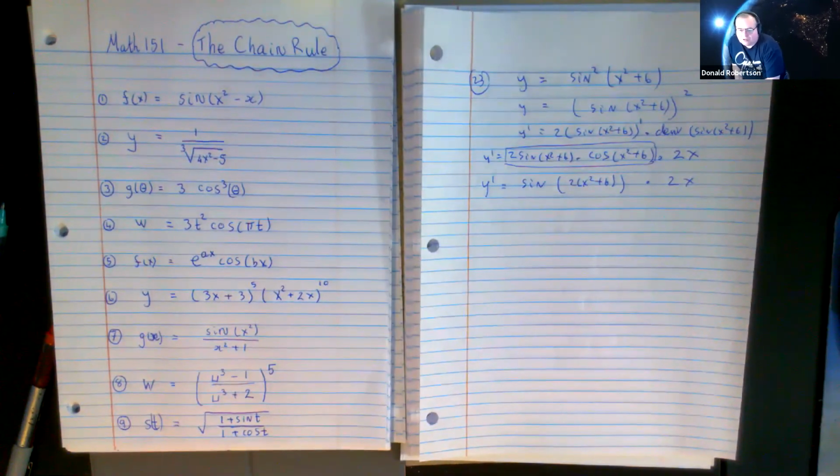How on earth can I turn a 2 sine of x squared plus 6 multiplied by a cos of x squared plus 6 and rewrite it as the sine of 2 lots of x squared plus 6? What on earth have I just done there? And why is it allowed?